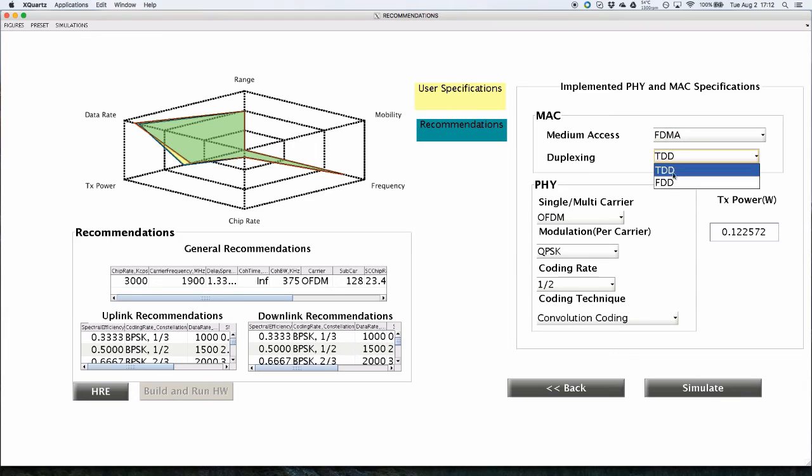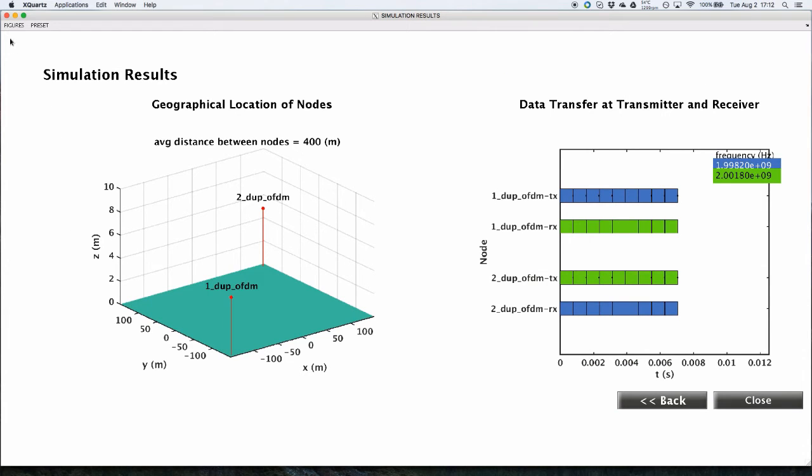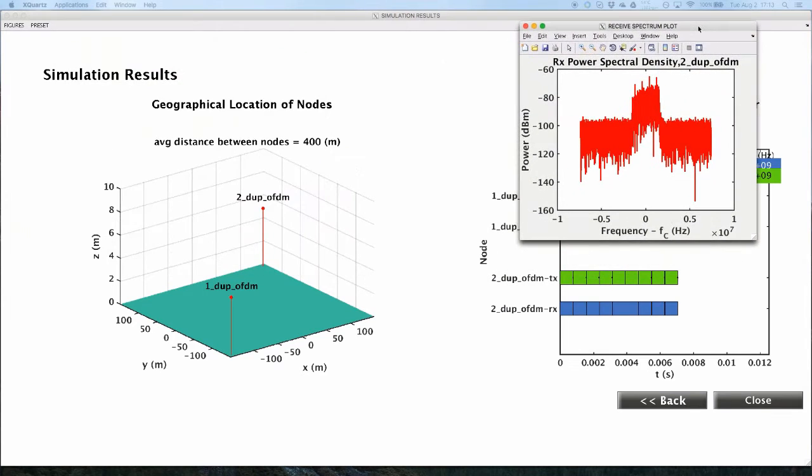Once again, we consider an FDMA protocol or medium access. We simulate this higher data rate protocol. We look at the figures that are produced. Once again, we see the receive spectrum and the transmit spectrum.